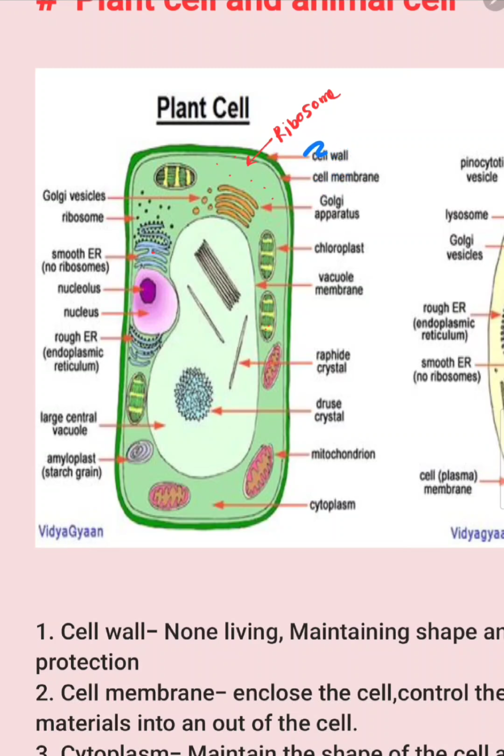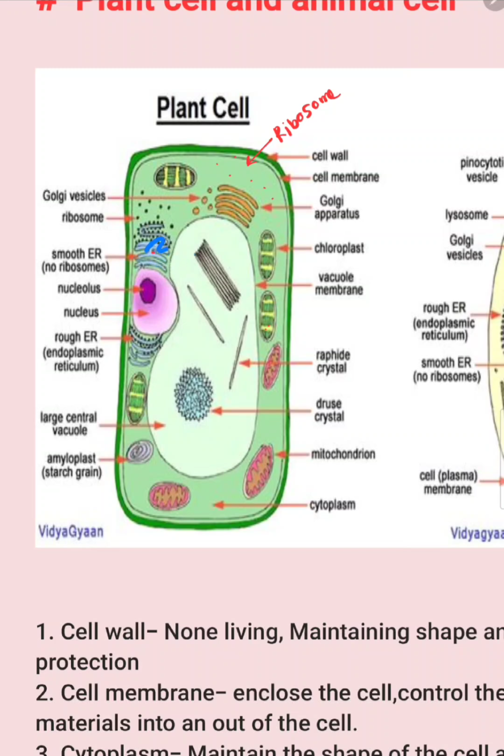Then inside the cell, it is made up with the cellulose and it is the non-living part. Inside the cell wall, there is a cell membrane. Inside the cell membrane, there is a cytoplasm. The majority of the cytoplasm consists with the large vacuole, and peripherally, you can see the nucleus and the nucleolus.